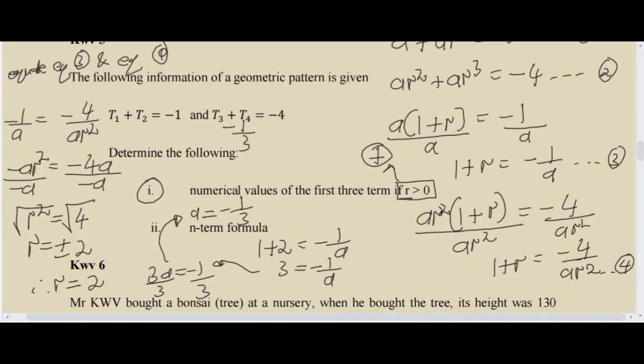So negative 1 over 3 multiplied by this R here, which is 2, I will have negative 2 over 3. And then again, I take this negative 2 over 3 and multiply by the common ratio. This will give me negative 4 over 3. So now using the common ratio, I've found the first 3 terms: negative 1 over 3, negative 2 over 3, and negative 4 over 3.